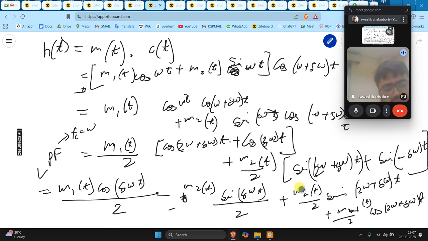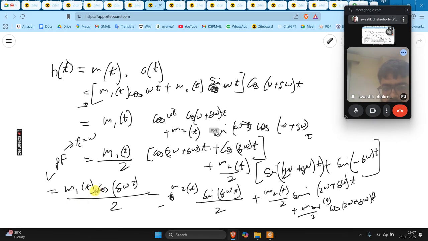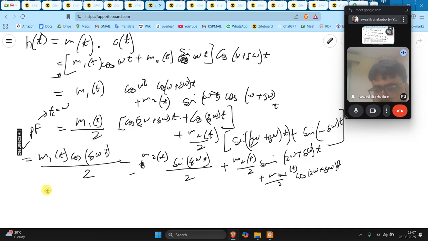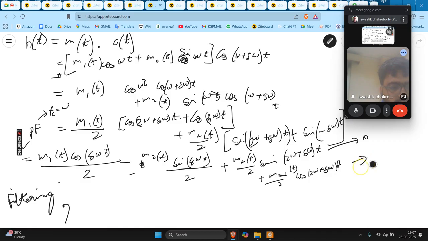When you do the filtering, these two will get cut off to 0.